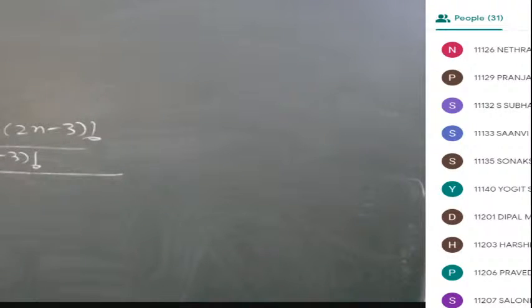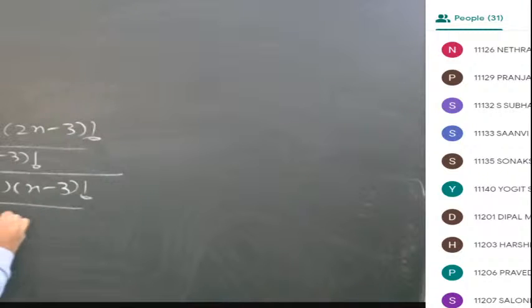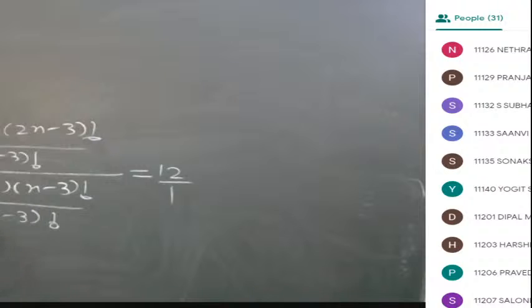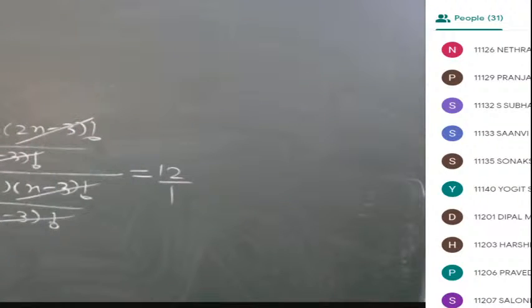Let us simplify the denominator in a similar manner: n factorial I will write as n into n minus 1 into n minus 2 into n minus 3 whole factorial, divided by n minus 3 whole factorial, equal to 12 upon 1. Here n minus 3 factorial gets cancelled, and 2n minus 3 factorial also gets cancelled. Anything more can be simplified? Yes, n also gets cancelled. n should be non-zero, as cancellation can be done only if the number is non-zero.